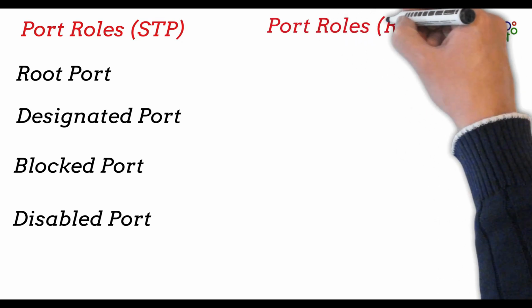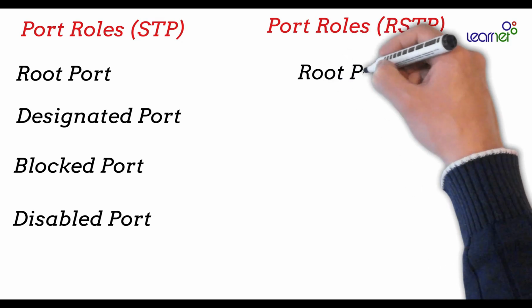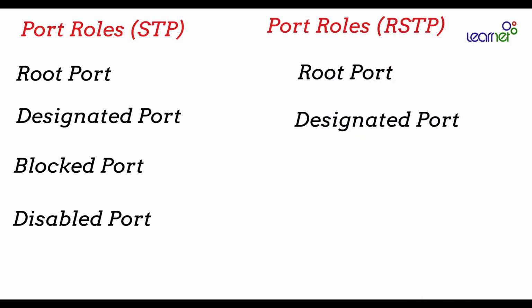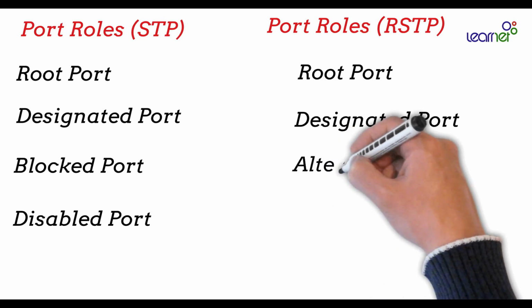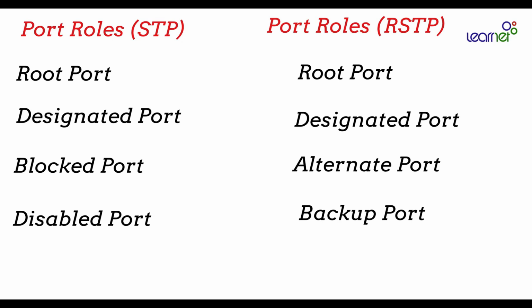RSTP port roles are similar to those in STP, with a couple of new roles introduced. The root port and designated port roles remain the same. The new roles are alternate and backup ports, which function similarly to the blocked role but behave differently.